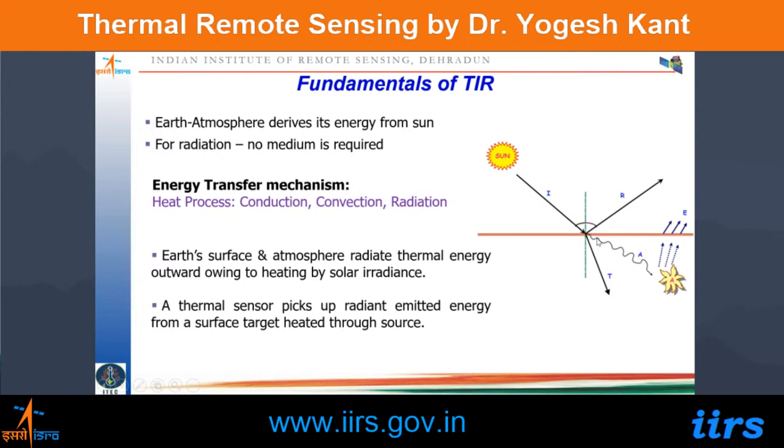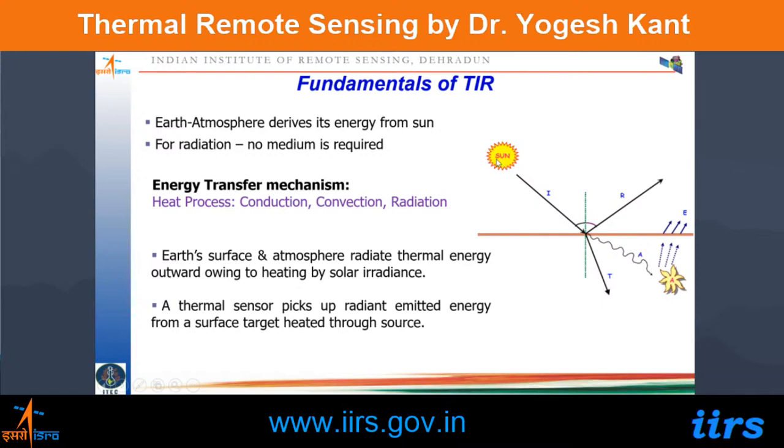The emission happening from one object and sensed by the sensor, whether on the ground or in space, we are concerned with the radiation. This transfer happens in radiation, and the radiation happens in the vacuum, because if you say the sun and the earth, in between there is a vacuum.